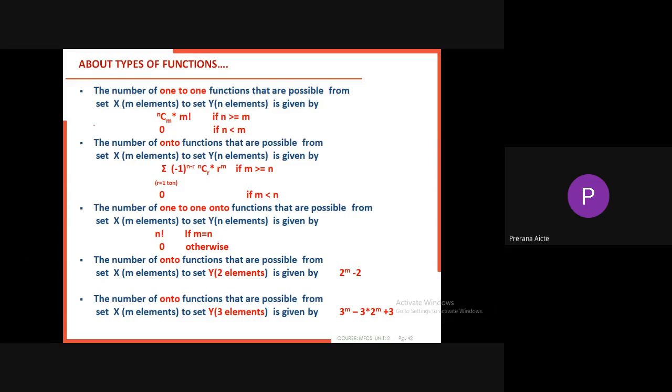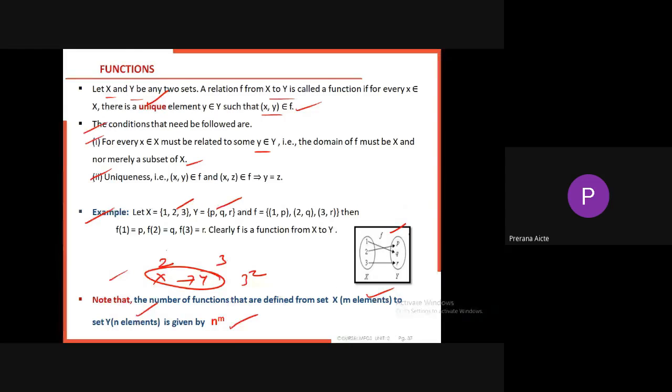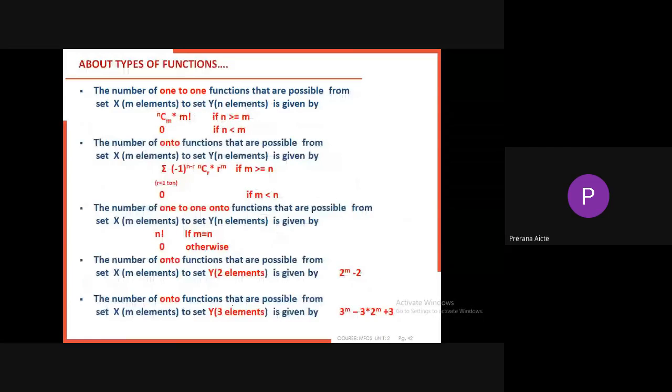Let us see here. All this is regarding how many functions are possible. Initially we discussed that the total number of functions possible from set X to set Y is given by n to the power of m. This is the last formula we considered. But with respect to the type of function, how many functions are possible?